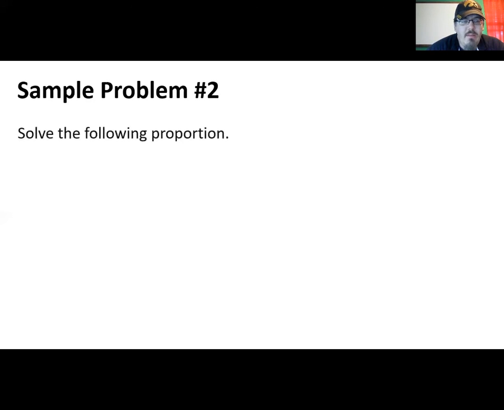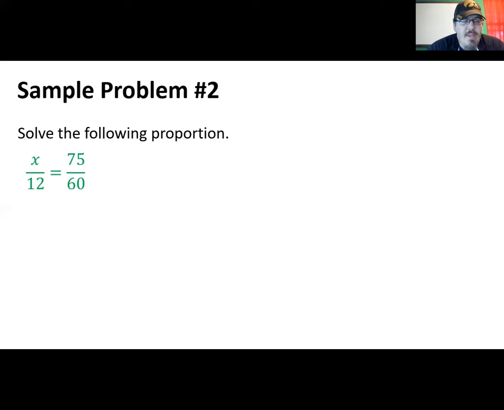All right, so the next thing I want to talk about is a proportion and do a sample problem that involves solving a proportion. This problem is just a generic problem, just to practice the process for solving a proportion. Just as a reminder, a proportion is two ratios that are set equal to one another.